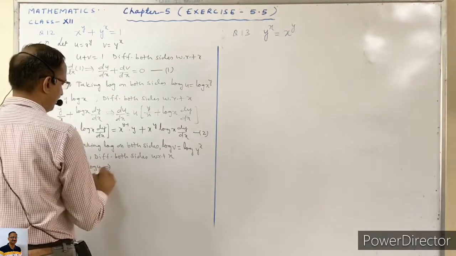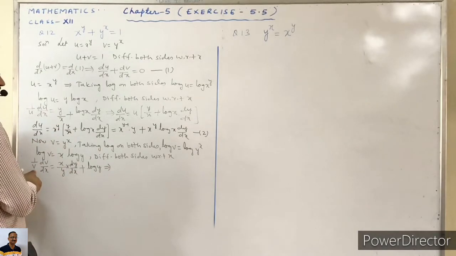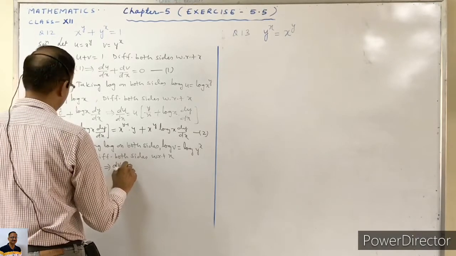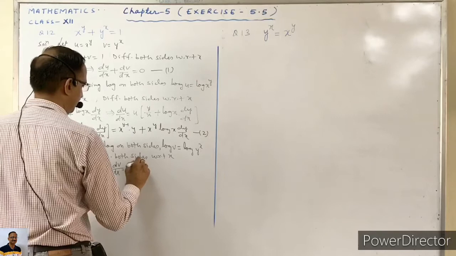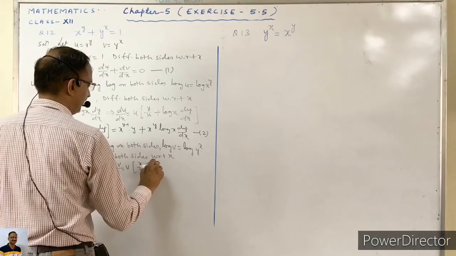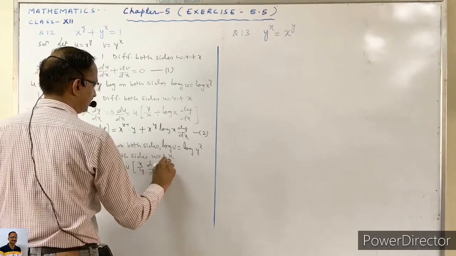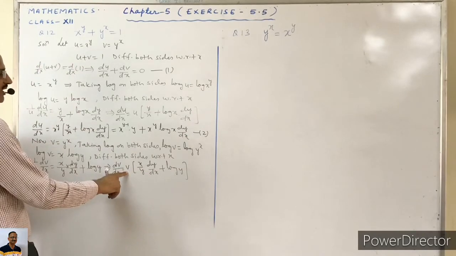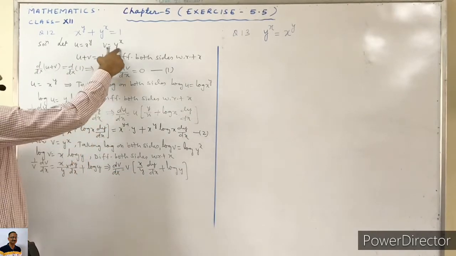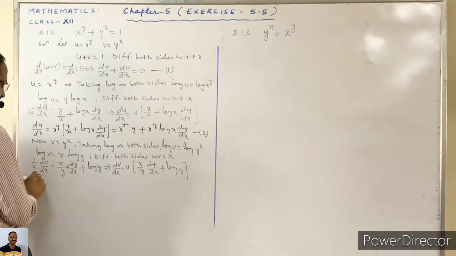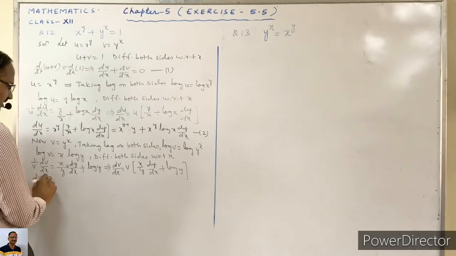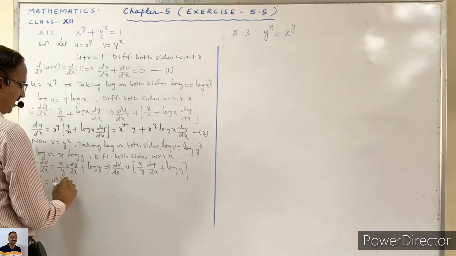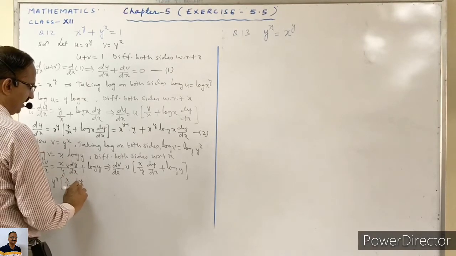So finally when we write this v on the right hand side, then we will get dv by dx equals to v, and it is x by y dy by dx plus log y. Now we will put the value of v, and what is the value of v? y raised to power x. So finally dv by dx equals to y raised to power x in bracket x by y dy by dx plus log y.